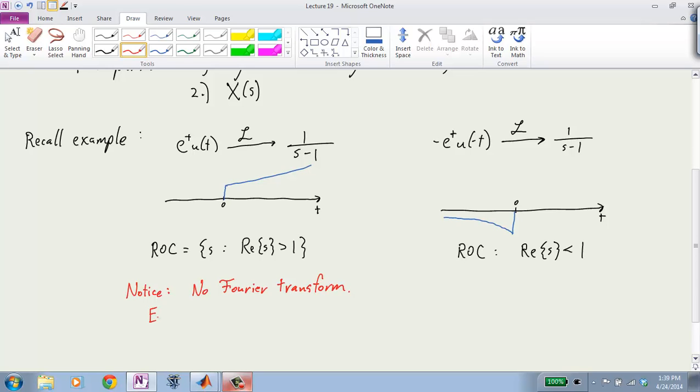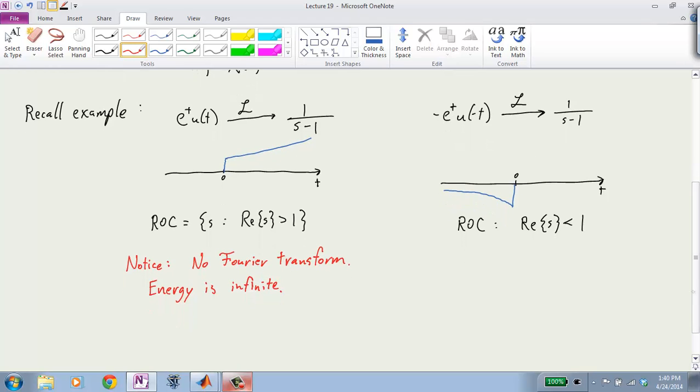Energy is infinite. You would notice that the integrals would not converge for this thing. So we wouldn't even be able to do anything spectrally, anything having to do with Fourier. But now what we've done is we've allowed ourselves to do something related to Fourier, and we'll review how this is related. So the Laplace transform can handle this.